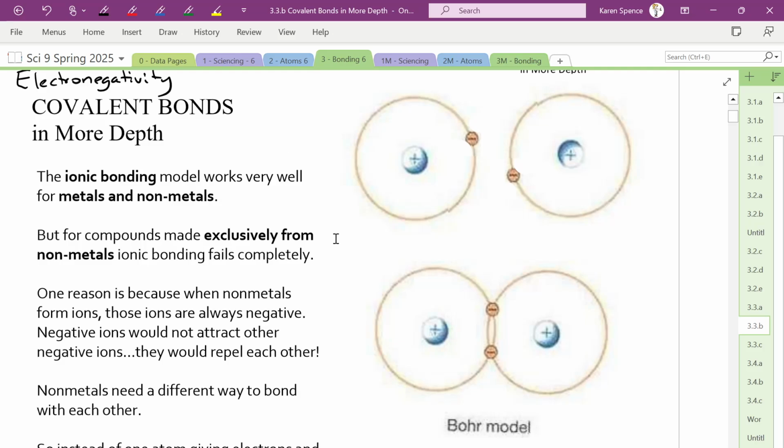Now, what you guys just demonstrated is that when, say, we have a hydrogen atom and another hydrogen atom, when they share their electrons, the positive nucleus pulls on the negative electrons.